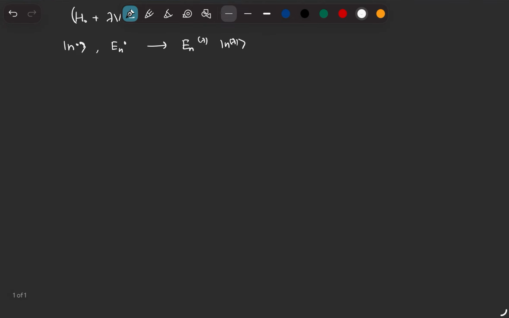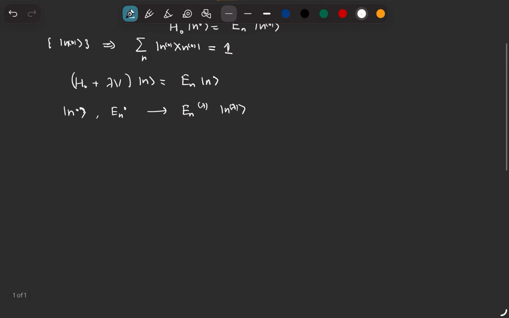Before doing that, let's define some things here. So I have H0 plus lambda V acting on |n> equal to En, and I'm going to write En as En0 plus a correction.